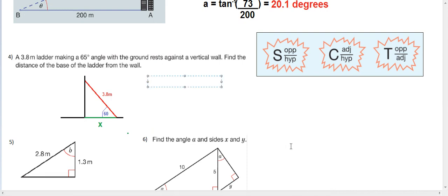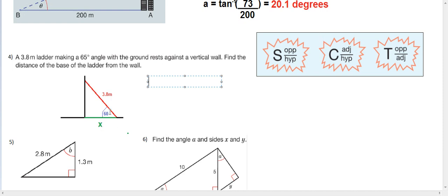The first thing that we have to find is the proper relation that we must use to find x. Now that I have this angle, 60 degrees, I can use one of these functions to find x.